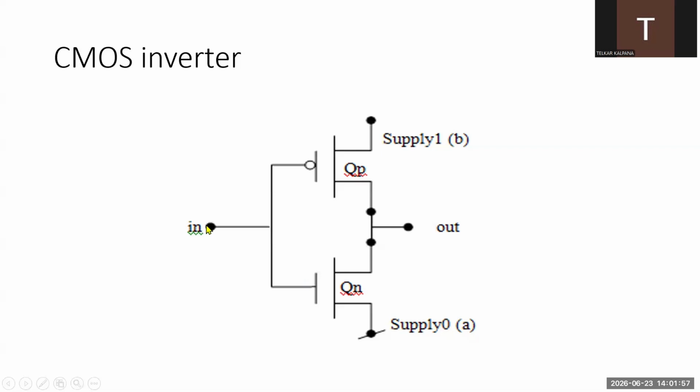Similarly, when the input equals logic 1, the upper transistor goes into off state and the lower transistor goes into on state. The upper transistor in off state we can treat as an open circuit, and the lower transistor in on state we can treat as a closed circuit.